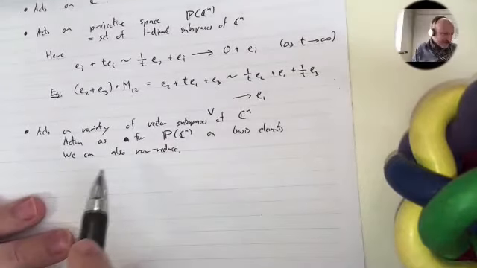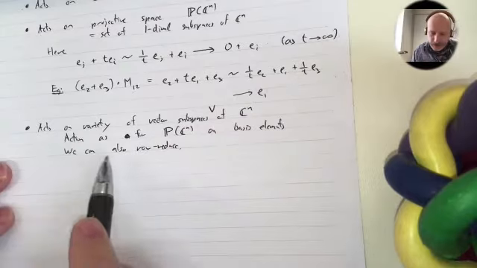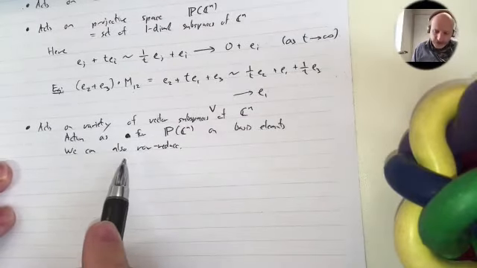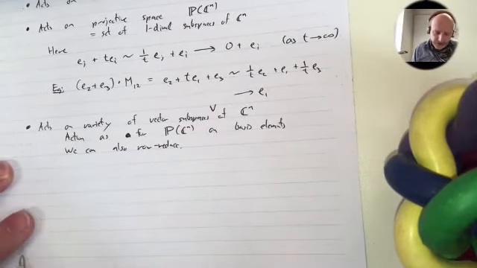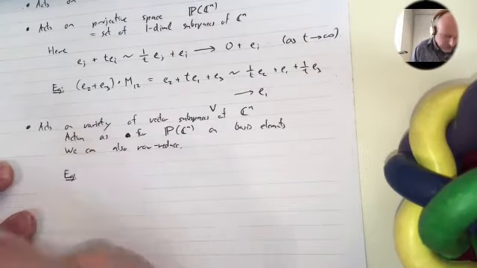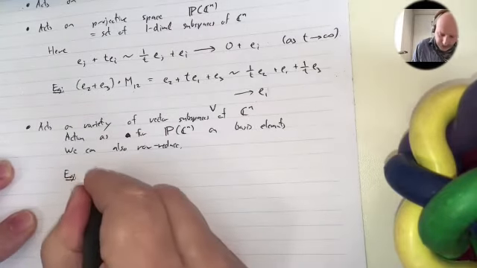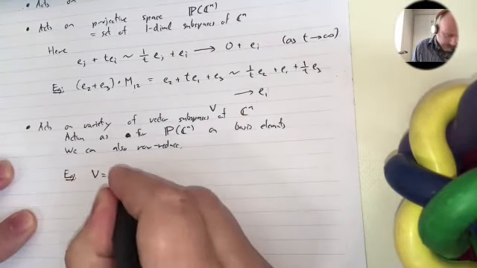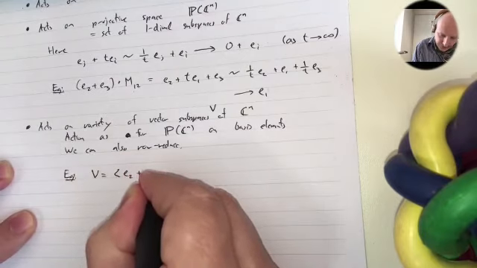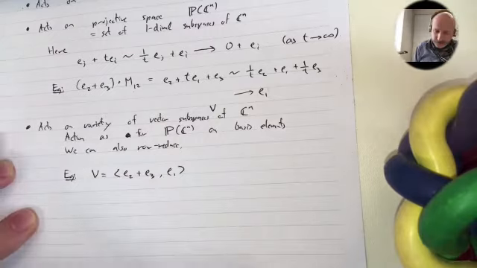Okay, so that's a little bit vague. I think what would be helpful to get a flavor for this is an example, more than any kind of proof. So let's take V to be generated by E2 plus E3 and E1, say.